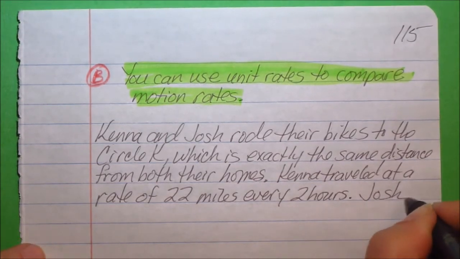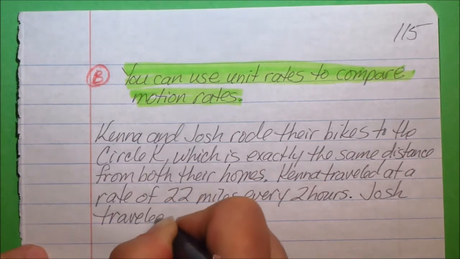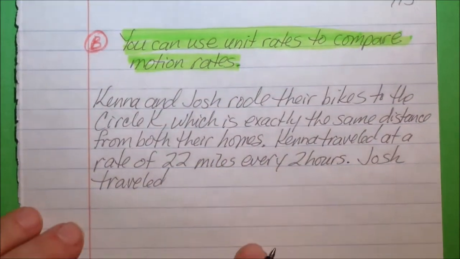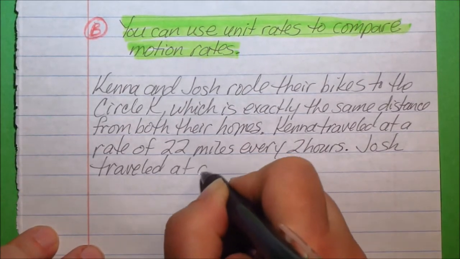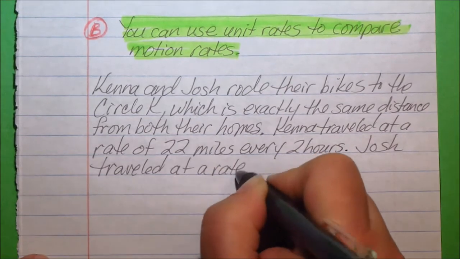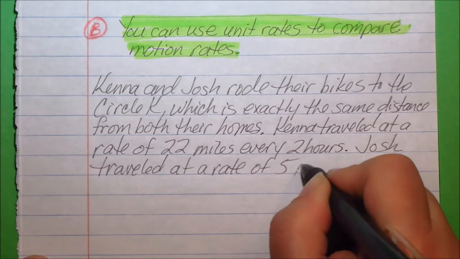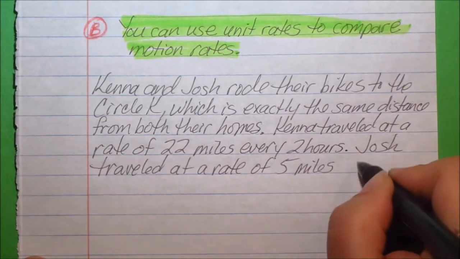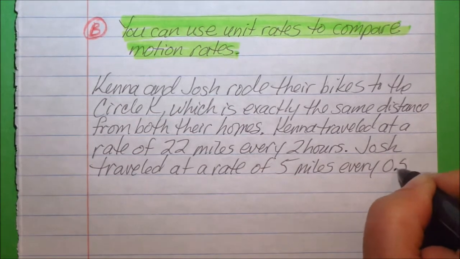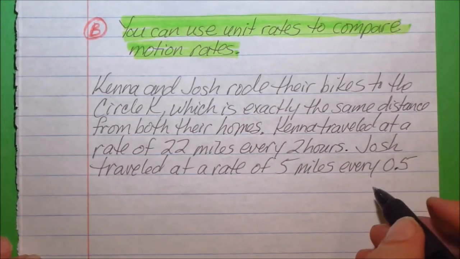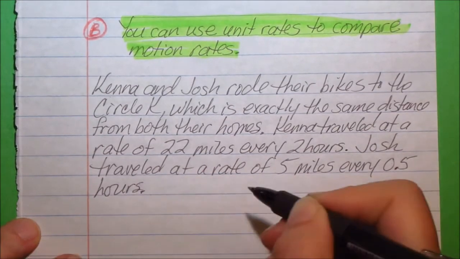Josh traveled at a rate of 5 miles every 5/10 or 1/2 hours. 1/2 of an hour.